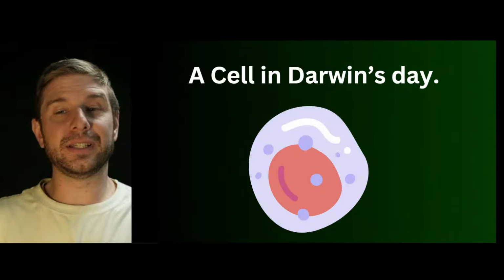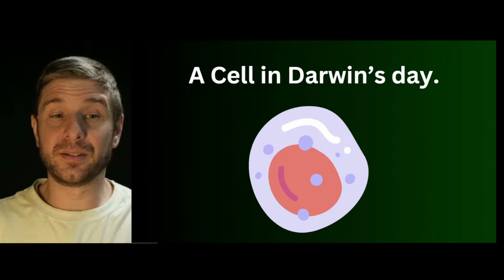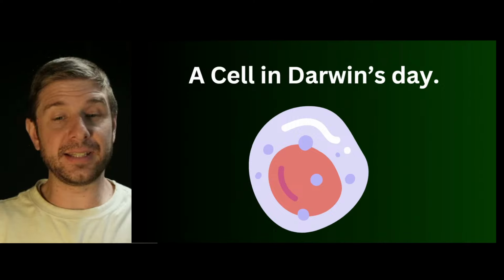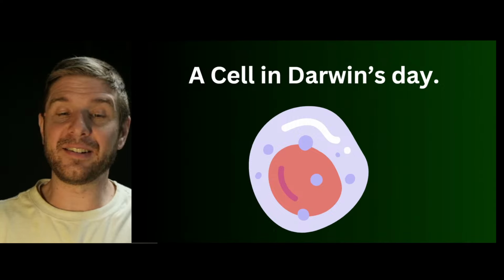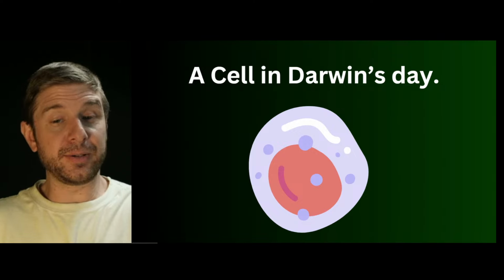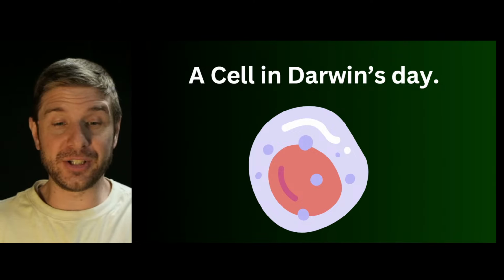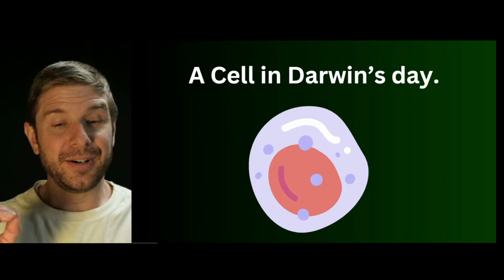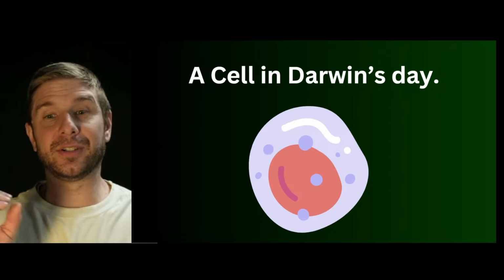So in Darwin's day, a cell was thought of as very simple. It does appear that they had discovered that cells had parts and that they reproduced. An interesting part of cell reproduction is that all living cells must come from other living cells.